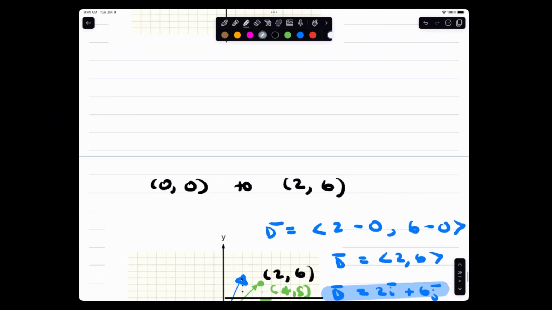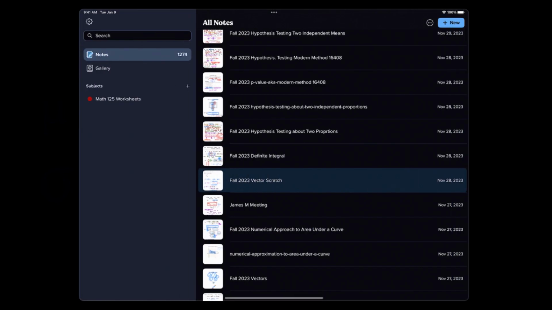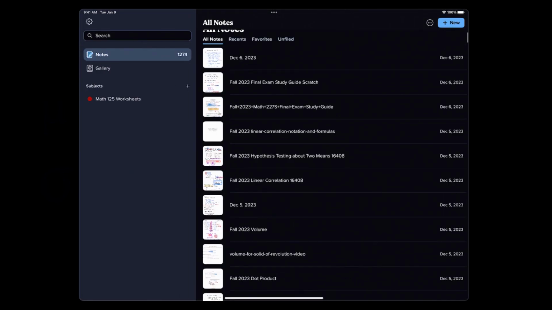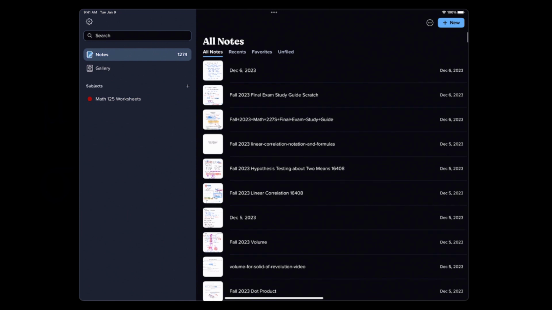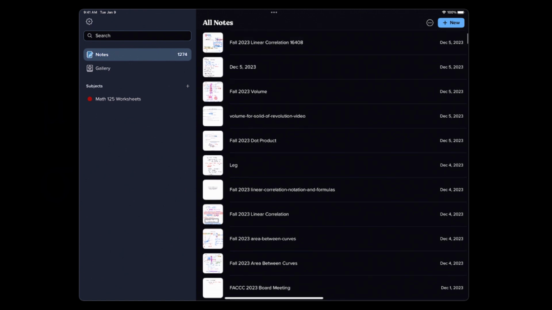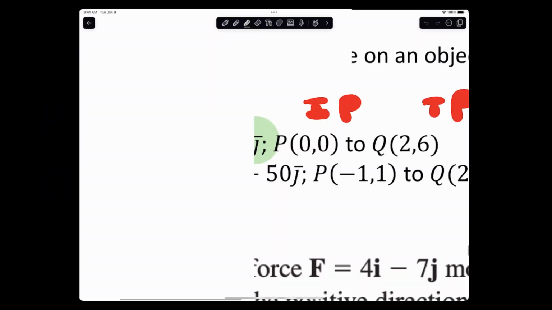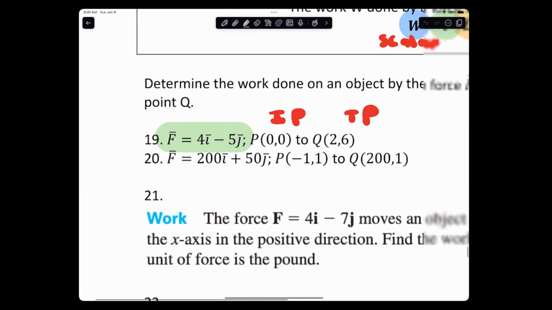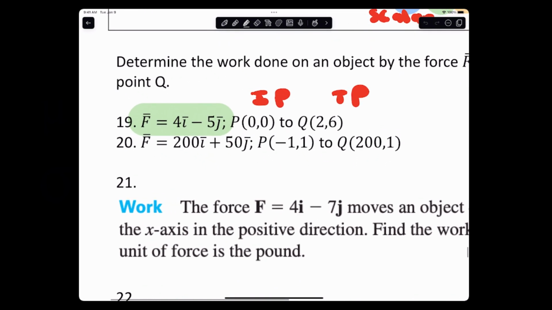So there's going to be questions like that. You take the dot product. Let's look at the next one. Foot-pounds. Where are you? Could never find that. There we go. Okay. Let's try this one here. You got a force vector here. Just going to go back here if I can.